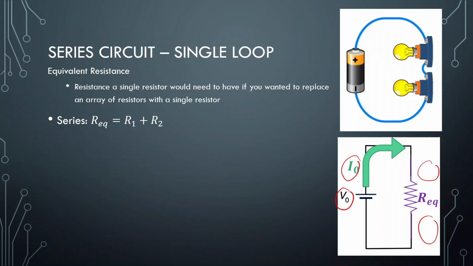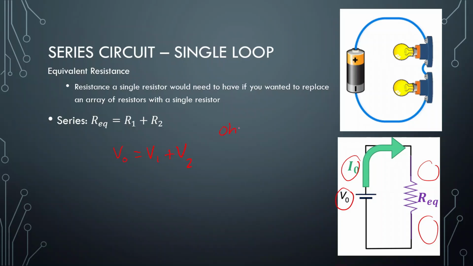So picture that I have my overall circuit. My overall circuit is going to follow the loop rule. So I have V0 is equal to V1 plus V2.